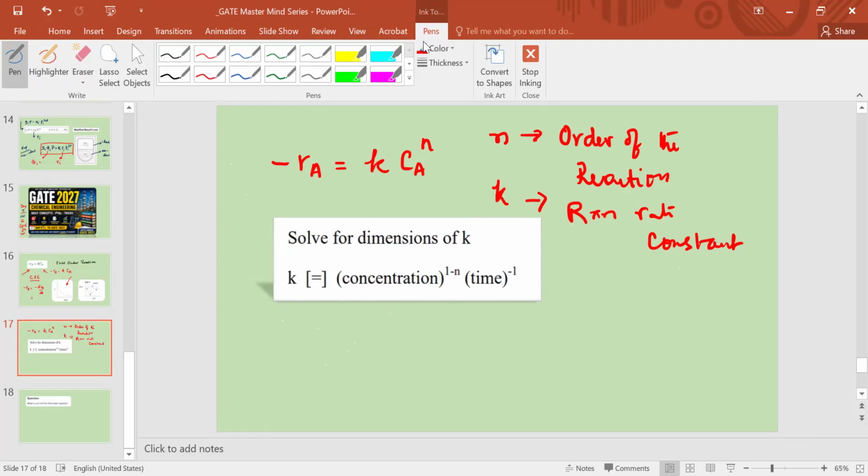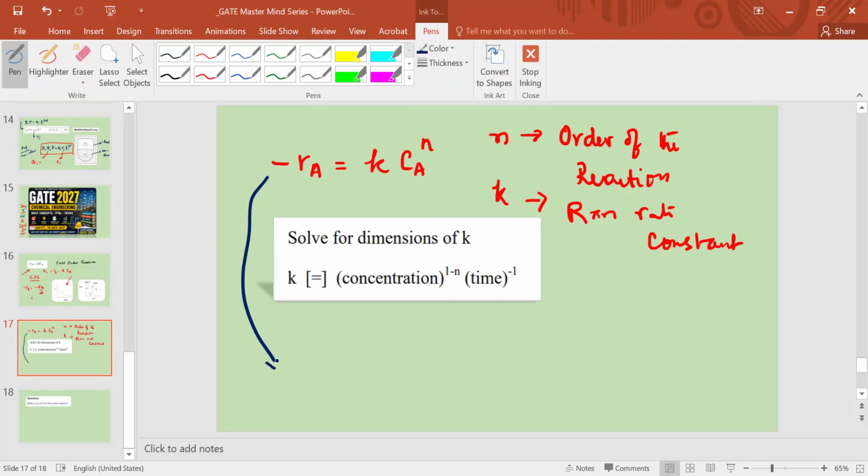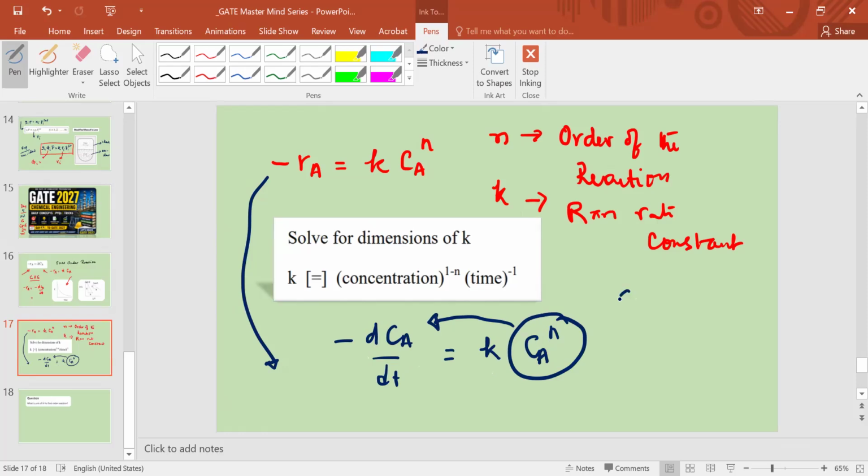How? Let me put this into simple parts. I write minus dCA by dt is equal to k into CA power n. So this CA power n goes to this place, and this becomes dC, leaving aside the minus, over CA power n.